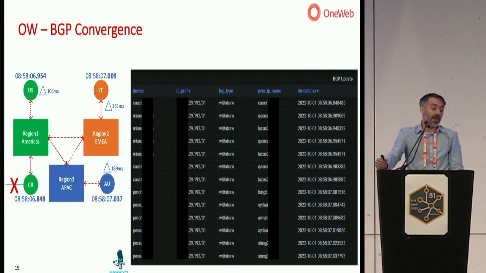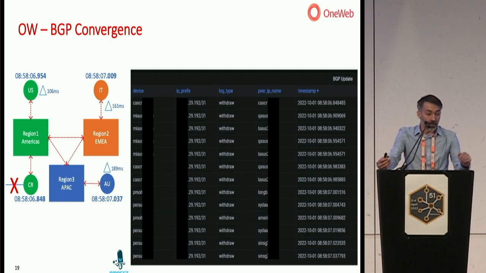In terms of BGP, like I mentioned, it's important to understand your convergence in the network, and for us, because mVPN sits on top of BGP, if we want sub-second convergence for multicast, we need a control plane to converge sooner than that, of course.